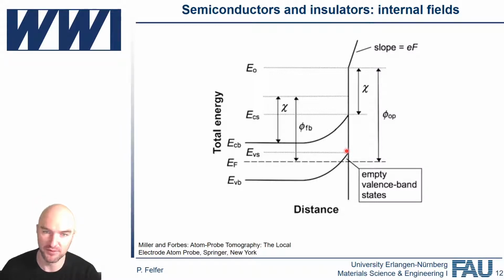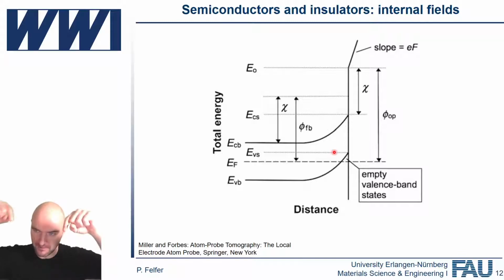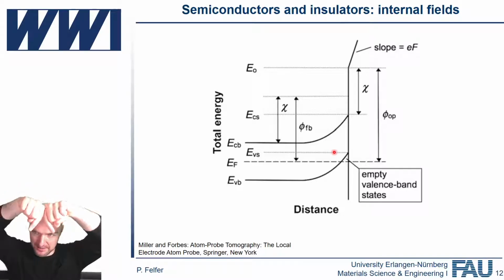And if you put a field onto semiconducting or non-conducting samples, we will also get those internal fields, because you can't move enough charge around. This means that, for example, if you have a non-conductive particle in a conductive matrix, you're going to have field lensing inside of this particle.